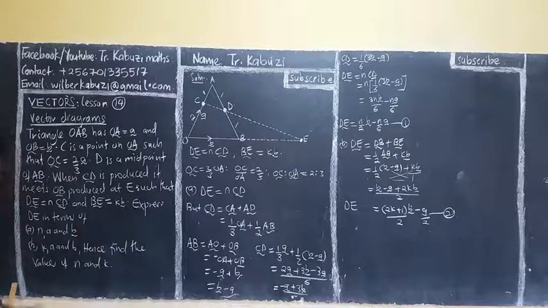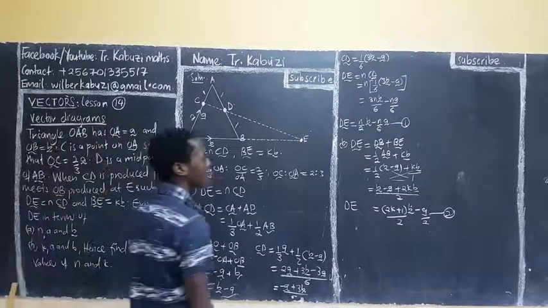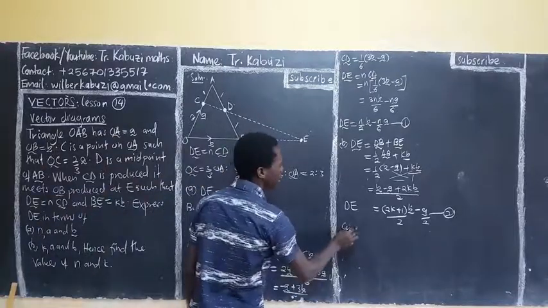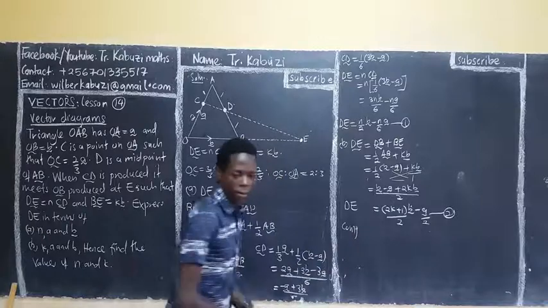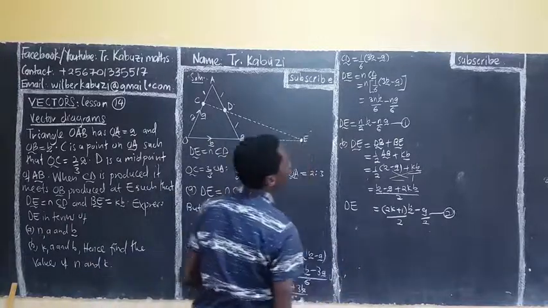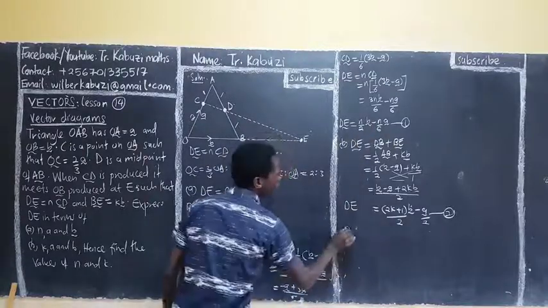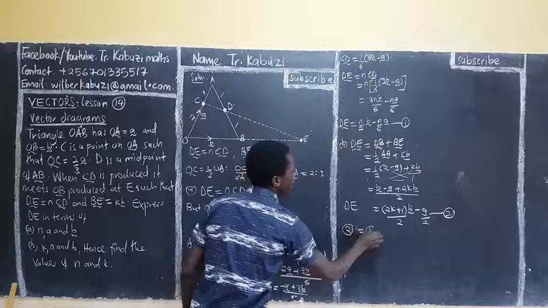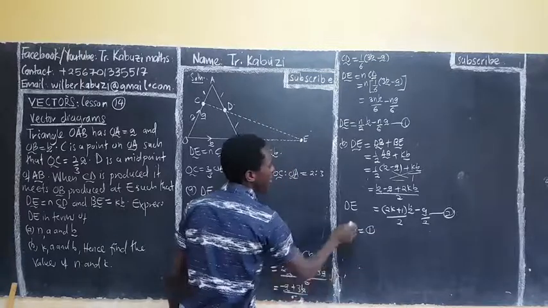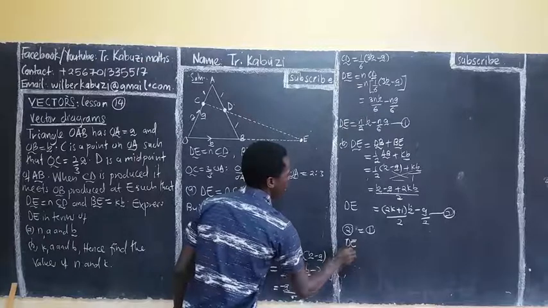Now they are telling me to hence find the values of N and K. Here what we do, we just compare coefficients. Equation 1 and equation 2 are equal, meaning DE is equal to DE.